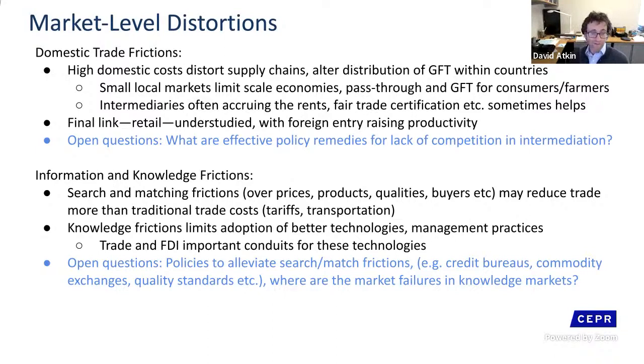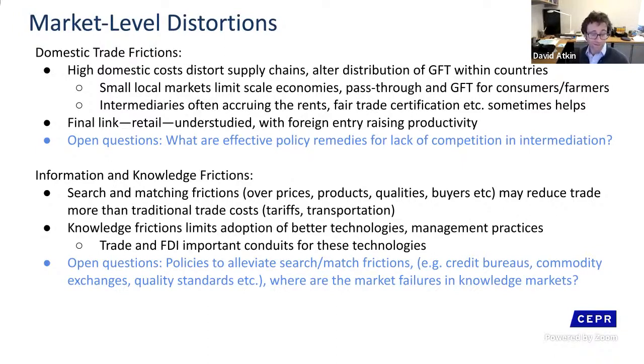At the other end here, we immediately think about intermediaries, who are often the partial beneficiaries of these losses to the producers or the consumers, and they're often accruing rents. Obviously, there are some distortions as well, some losses as well. Here, there's a growing but small literature trying to think about what the benefits would be of reducing or removing intermediaries or steps of intermediation.